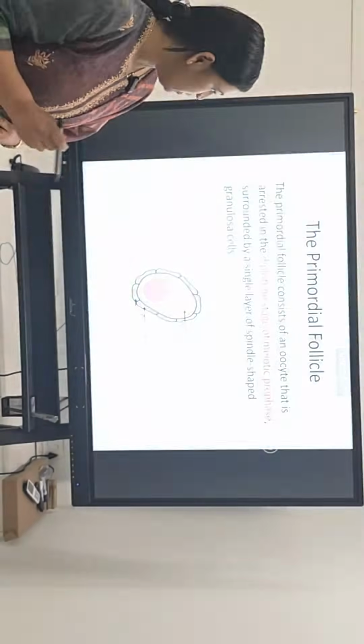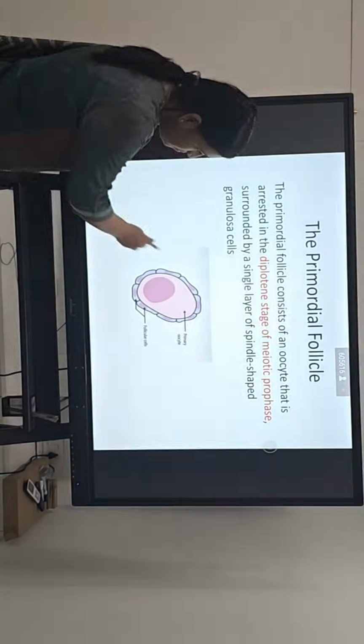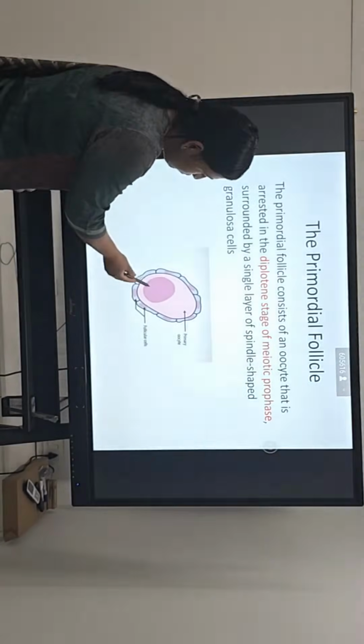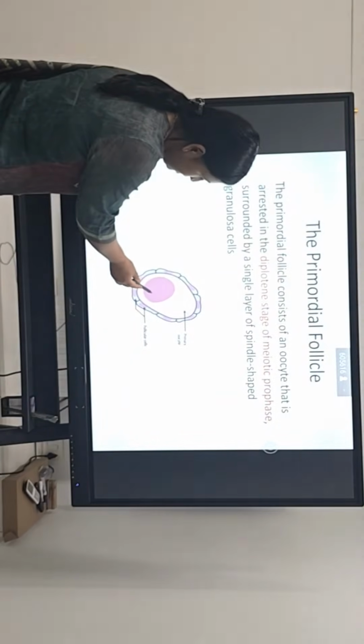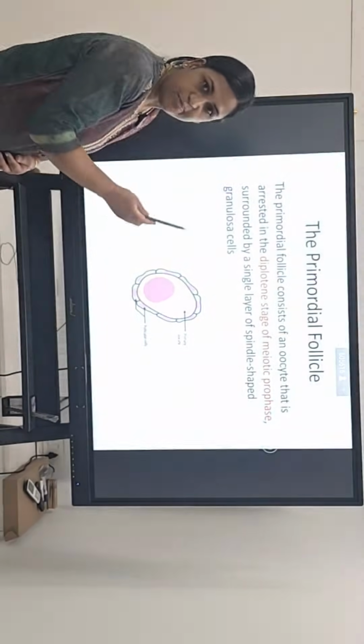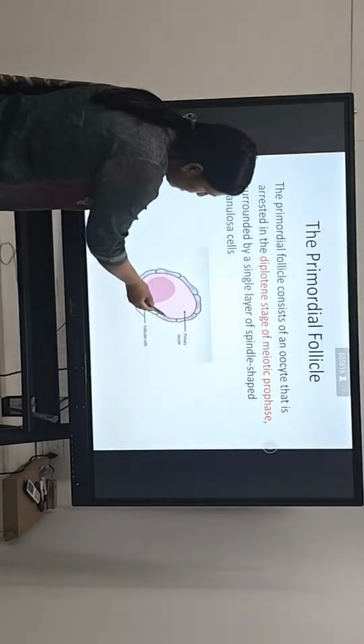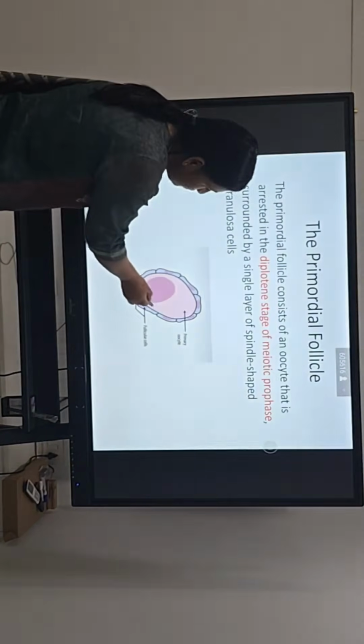Now, what is a primordial follicle? This diagram shows the structure of a primordial follicle. It has a germ cell in the center, which is arrested in the diplotene stage of meiotic prophase, surrounded by a flat layer of granulosa cells.